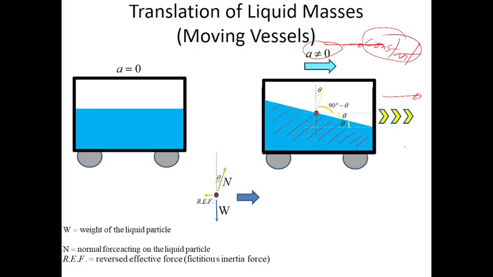So it will look like this, and for as long as the acceleration is constant, it will look like this. But when it becomes zero, there will come a point that it will be like this. So this is stagnant. If the acceleration remains constant, this will also be stagnant, wherein at the left side it has a higher elevation compared to the right side.